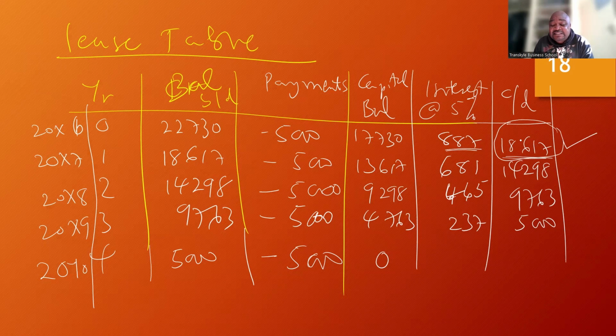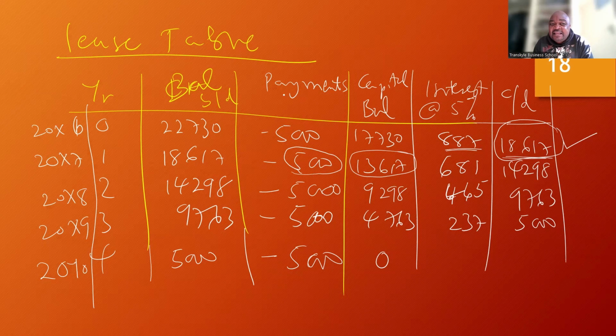So that portion is the current liability, the 5,000 payment which is due in a year's time. And the remainder will be paid later on. If you add these two, we will still come to this.